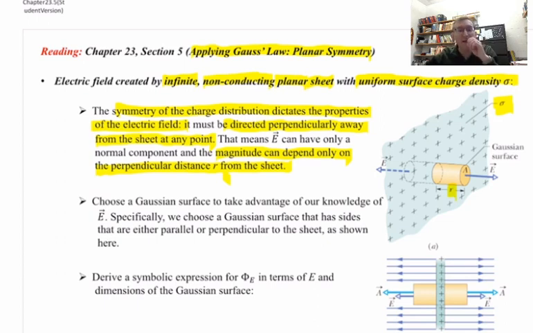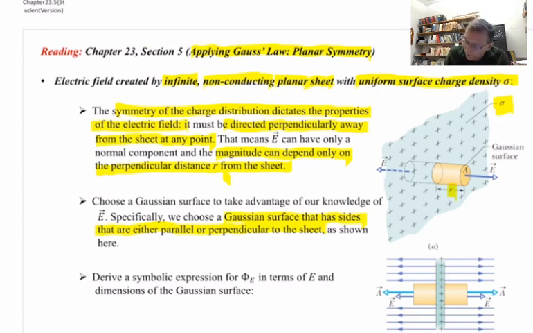And it's with that knowledge of how the electric field must behave that we will then pick a Gaussian surface that will enable us to solve for E. So we're going to choose a Gaussian surface that is still going to be kind of a soup can shape, a cylindrical shape. Okay? This Gaussian surface has sides that are either parallel or perpendicular to the sheet.